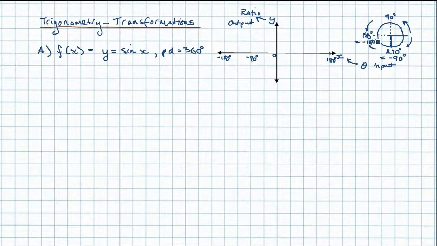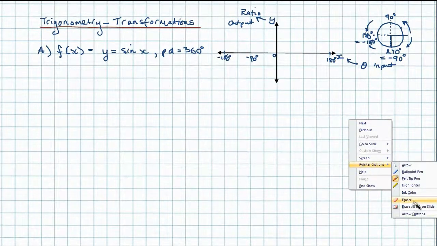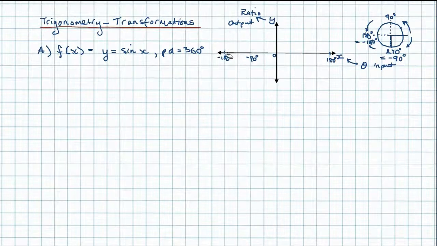And that makes sense if you think about our period, because when it completes its period it's going to jump to here, or if you think of it the other way around, it will jump to here. So this is a full period. We're going to see a full cycle of this function going from this point here to the opposite side at positive 180.